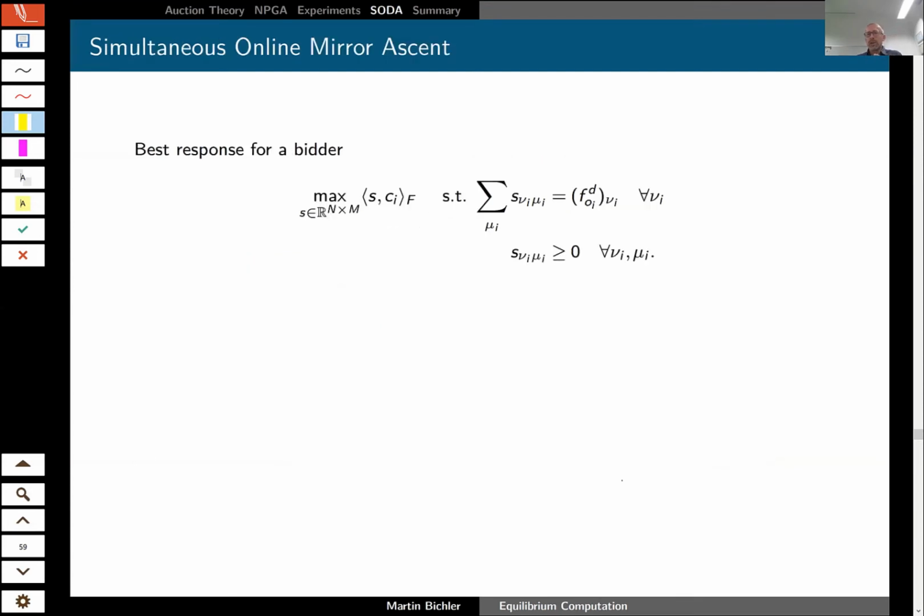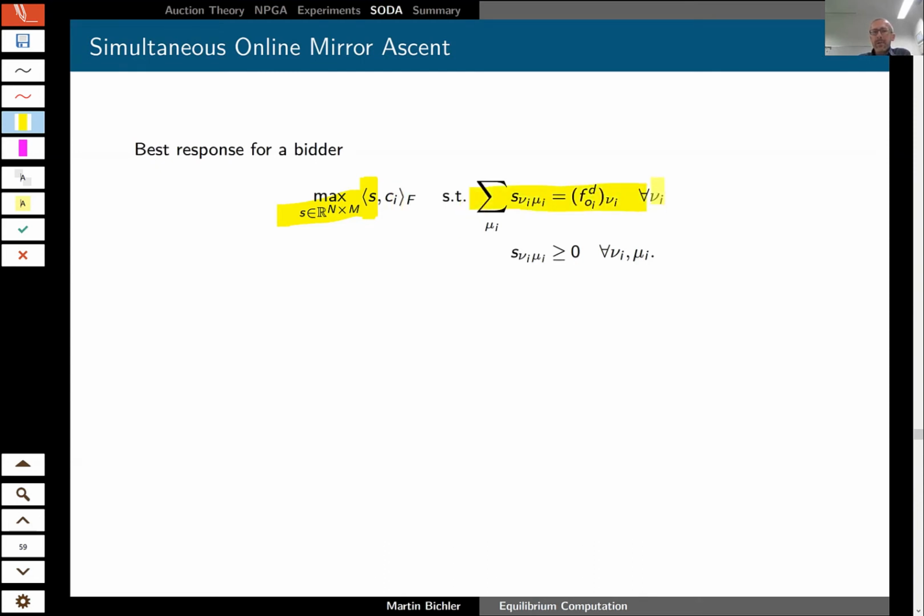So what could you do with this? Well, first of all, if you were interested in computing a best response, it would be a simple linear program, right? S is now the variable, right? So you want to maximize S times Ci, which is, again, utility times the probabilities or strategies of the other.